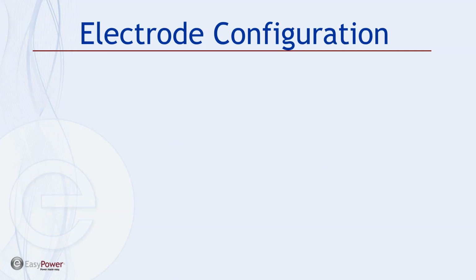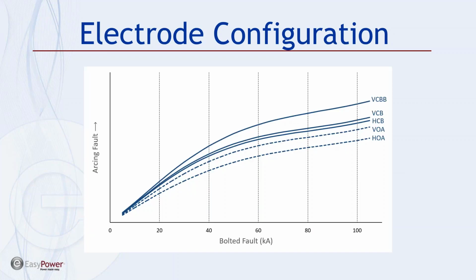Okay, some data, and this is where the fun starts. So if we hold the voltage and the termination of the arc constant, and we compare the voltage fault to the arcing fault current for different types of termination, we see the highest pretty much over the whole band of voltage fault current to be the vertical termination into a barrier in a closed box.